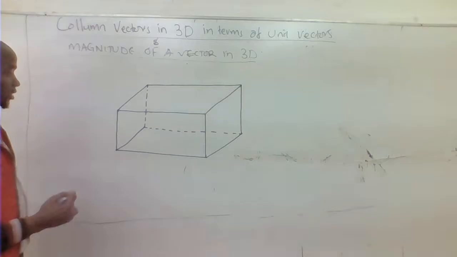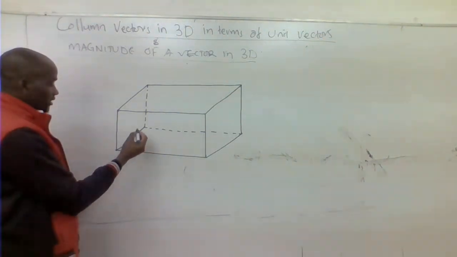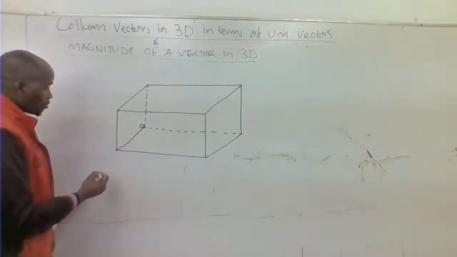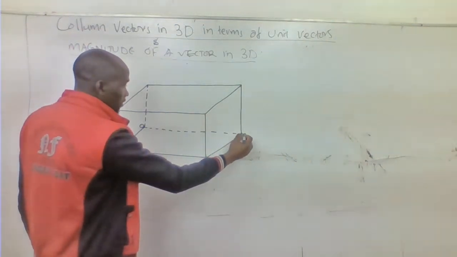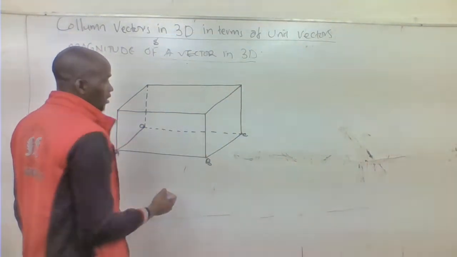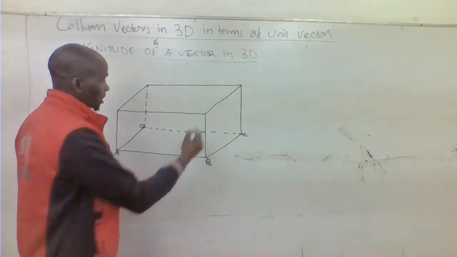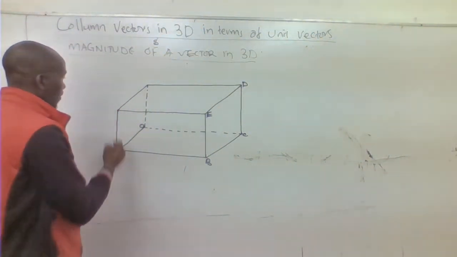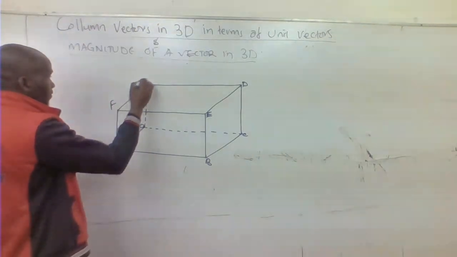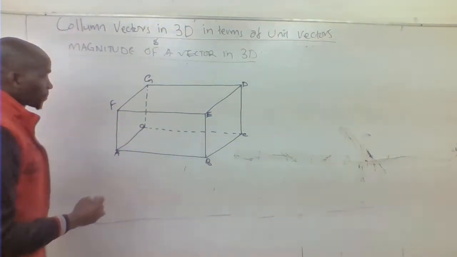So we have a cuboid, we can label it. Let's take this one as our origin, O. We have A, B, C, D, E. Then let's call this one F, and let's call this one G.